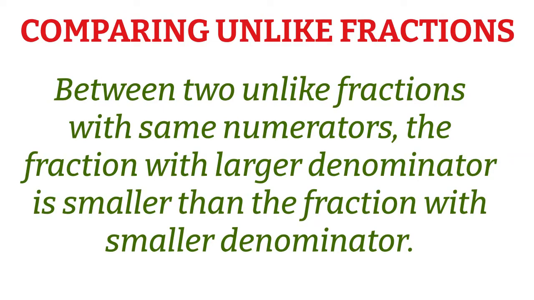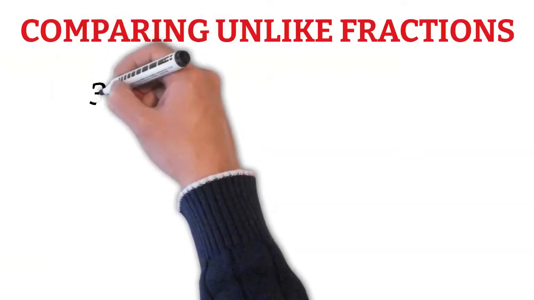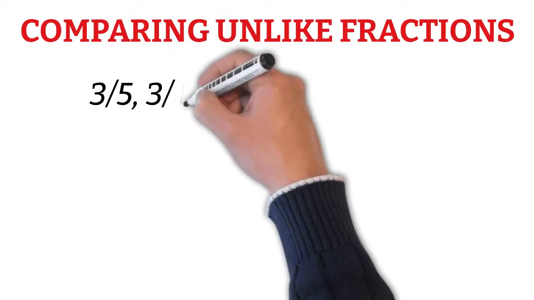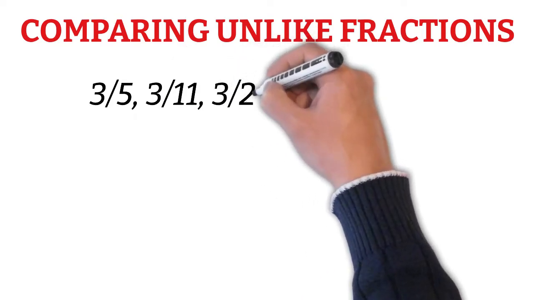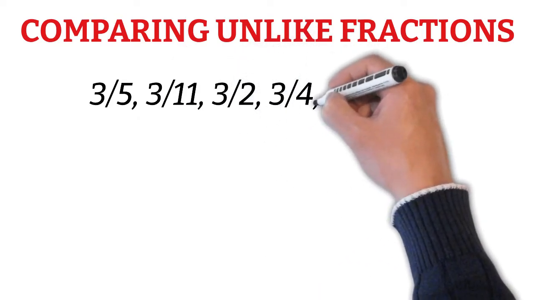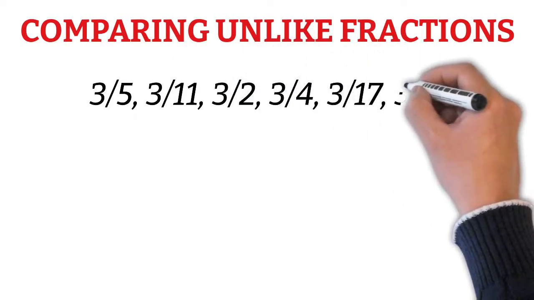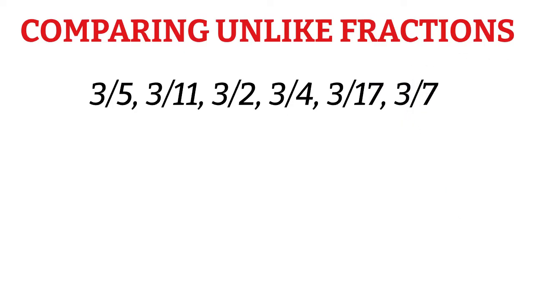Now, using this method, let's arrange some unlike fractions having same numerators in an increasing order. The given unlike fractions are 3 by 5, 3 by 11, 3 by 2, 3 by 4, 3 by 17 and 3 by 7. They all have the same numerator, that is 3.